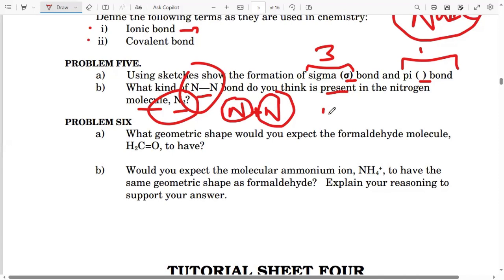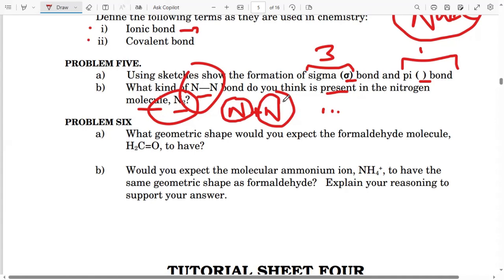Okay, I think I haven't mentioned yet. I was just saying that for you to know whether it is a sigma bond or a pi bond, you first have to draw the Lewis structure. From that Lewis structure, depending on the type of bond that you have, whether it's a single bond, a double bond or a triple bond, you can tell what kind of bond it is. I said the sigma bonds are present in any bond that you will see.